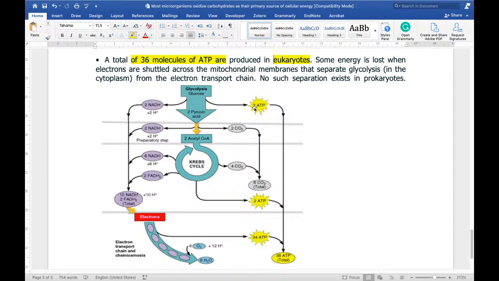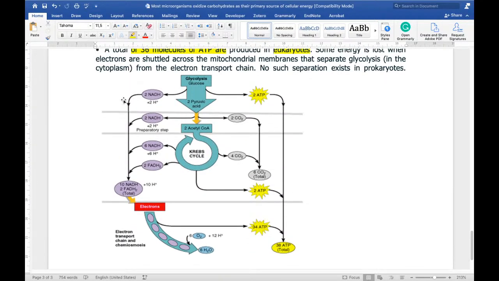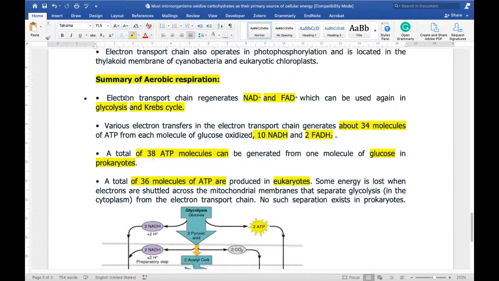Then these 34 plus the 4 molecules of ATP make 38 molecules of ATP. So that's how the aerobic respiration of carbohydrate in these 3 different stages will produce this much amount of ATP at the end. That's a summary of all the things that we have discussed today in a nutshell.